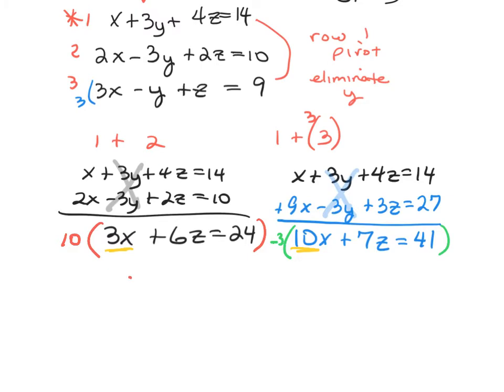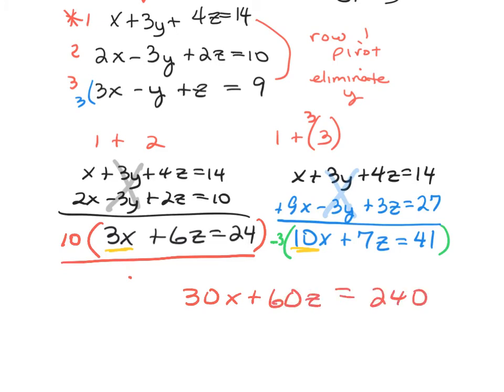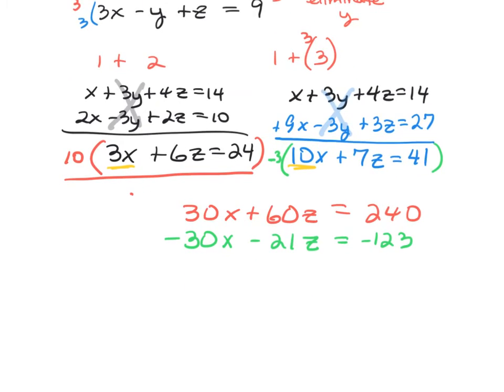So this equation here, I'll do it first, becomes 30x plus 60z equals 240. Then I'm going to distribute the green, negative 30x, negative 21z, and then negative 123. Now I can add the 2 equations.